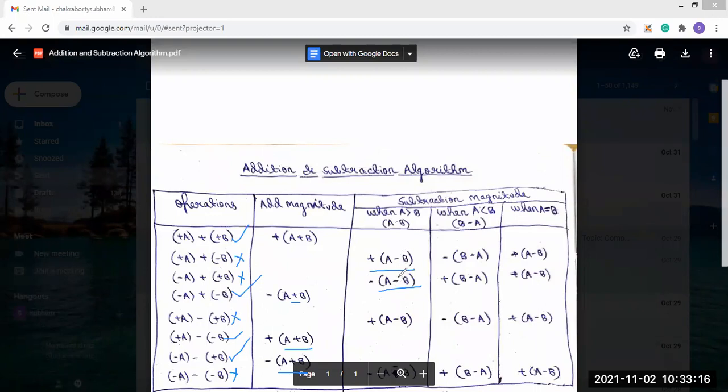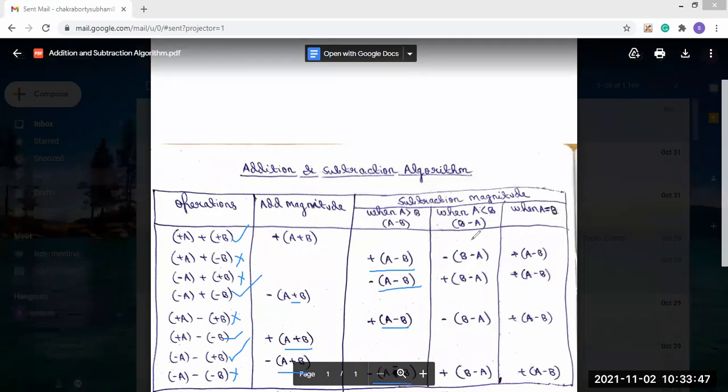Here also plus A minus B. If we take plus common, it will be A minus B, so this is also present. And if we take minus common, it will be minus A minus B. So these are the conditions fulfilled.